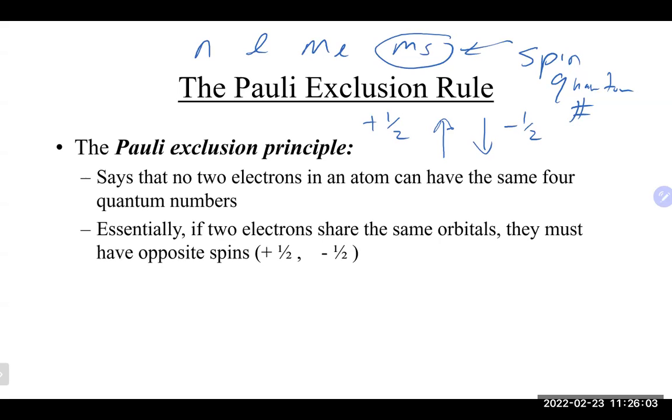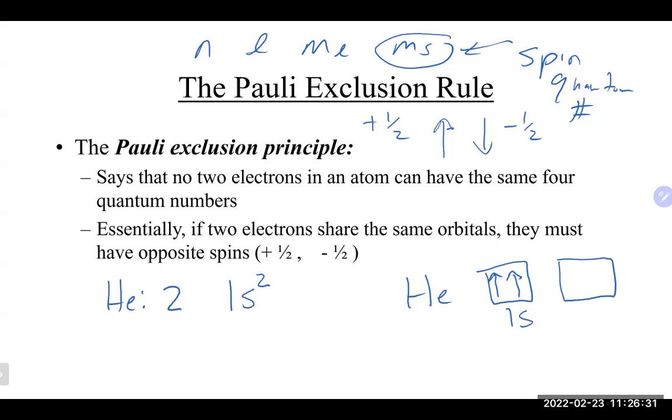Now, if we look at something like helium, which has 2 electrons, we would do the electron configuration as 1s2. When we go to do our orbital diagram, we would have for helium 1 box for the 1s orbital, and we have a couple of choices. We know the first one goes up. We could put the next one up as well, or we could do up and down.